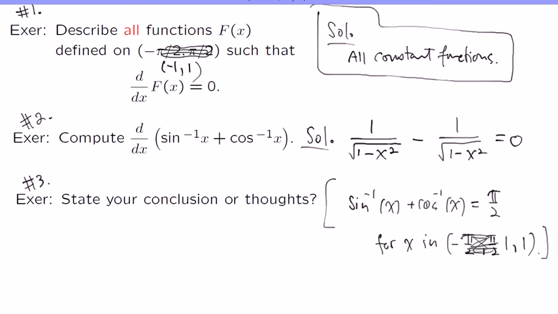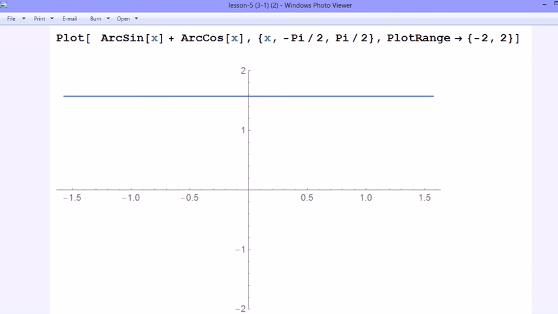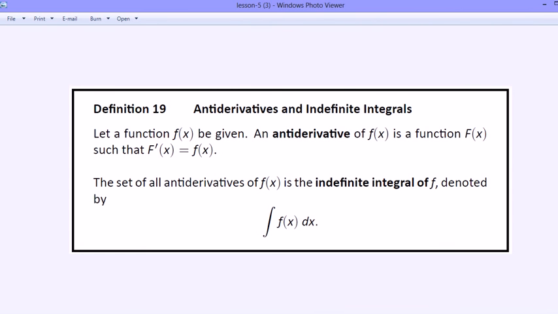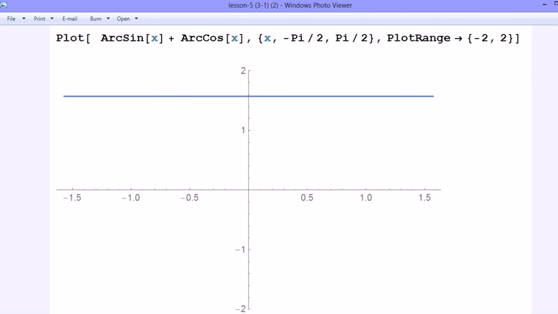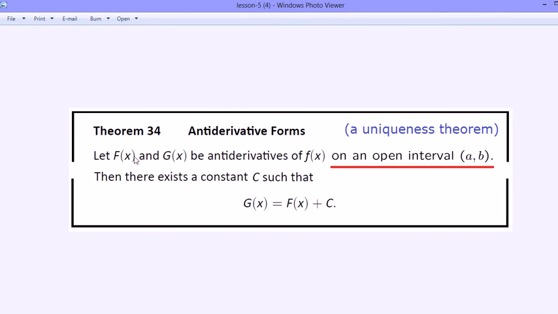I think that's a serious example that makes you think about concluding something that is quite tempting here, right? But the theorem that I'm about to introduce here is that if you have two functions with the same derivative, their difference has derivative 0, and they differ by a constant.